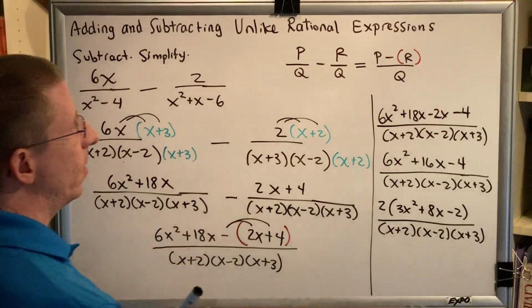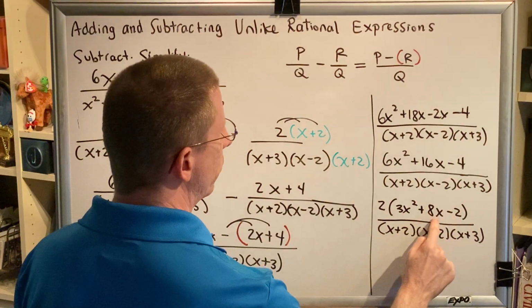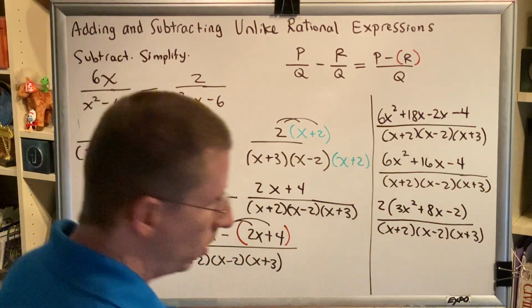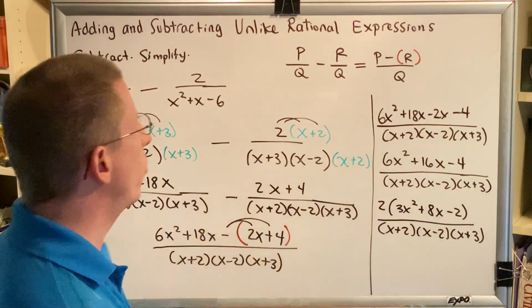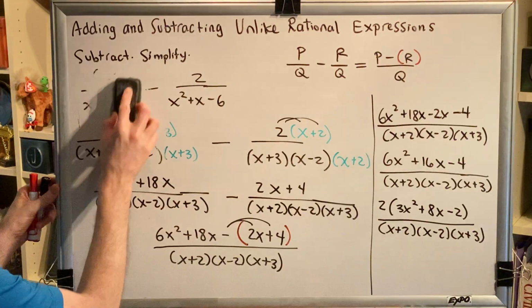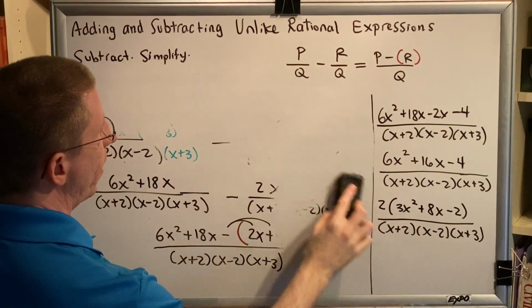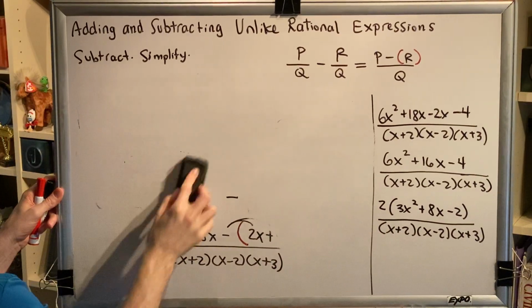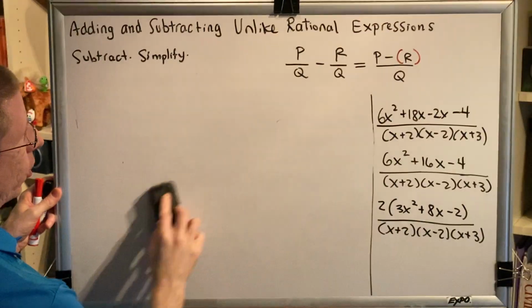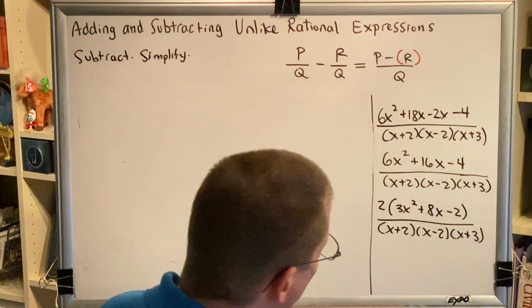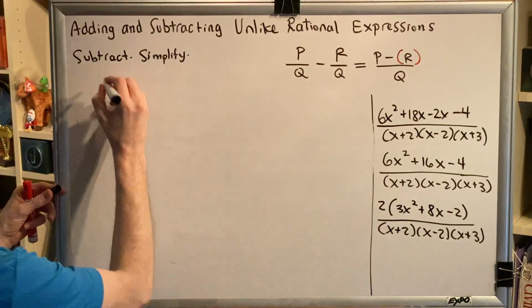Now we have to see, can we factor this trinomial? The leading coefficient of the variable squared term is not 1. Therefore, we consider using the AC method to try and factor that trinomial further. Maybe it's factorable. Maybe it's not. But until we try, we won't know.